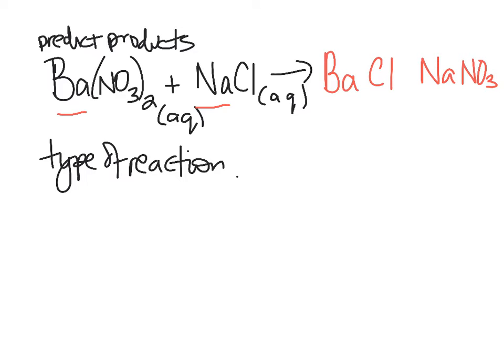So this is not the correct formula. You need a 2 after the chlorine. Sodium has a charge of 1. Nitrate has a charge of 1. So this is correct.